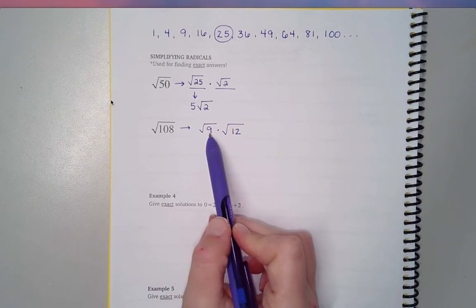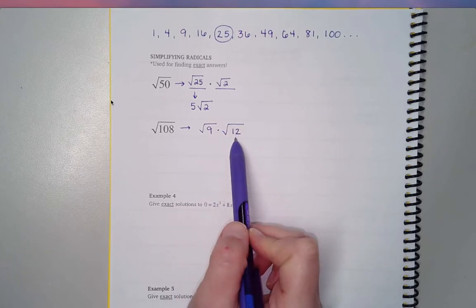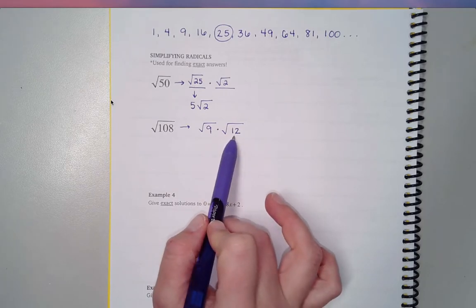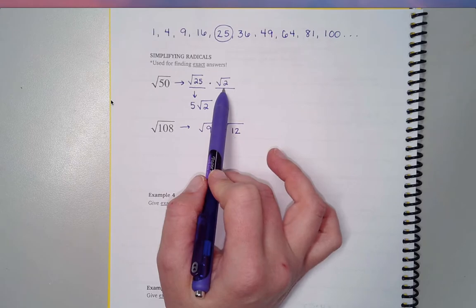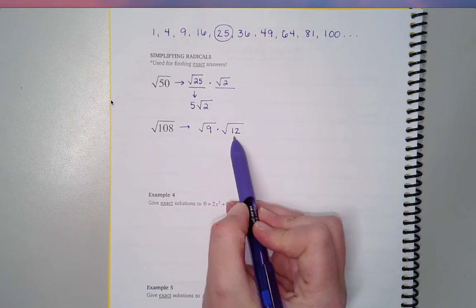So the square root of 9 we're happy with because that's a perfect square. The square root of 12, that's not on our perfect square list, but 12 can be broken down further. So the 2 back here we couldn't do anything else with. There were no other perfect squares that would divide into 2 besides boring old 1. But 12 can be made up into another perfect square.